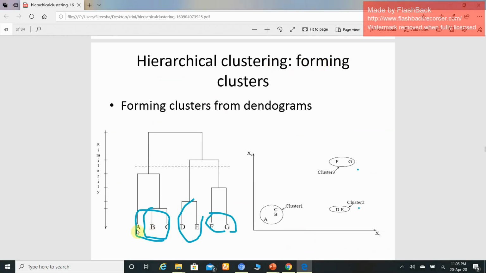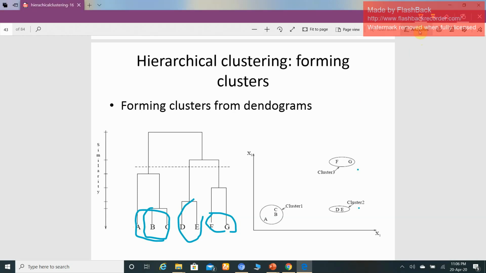See, all of you observe. This is a dendrogram.